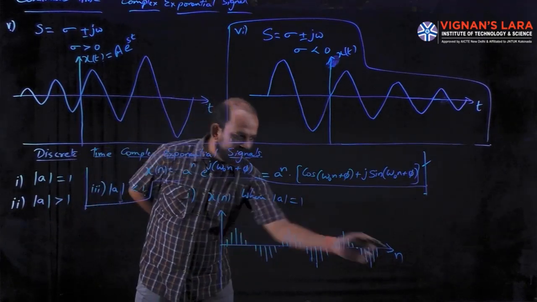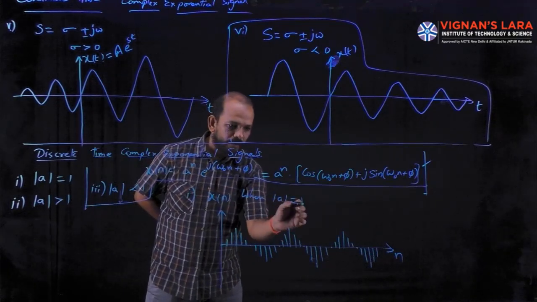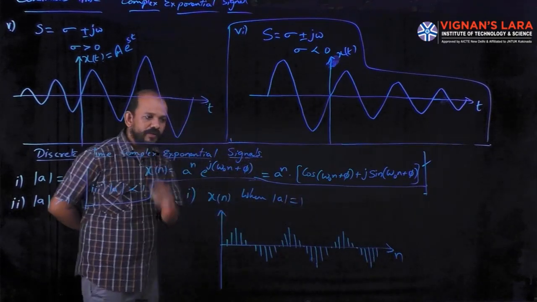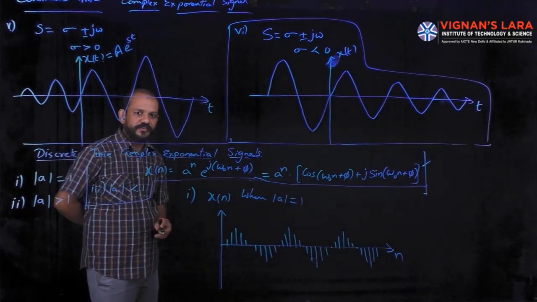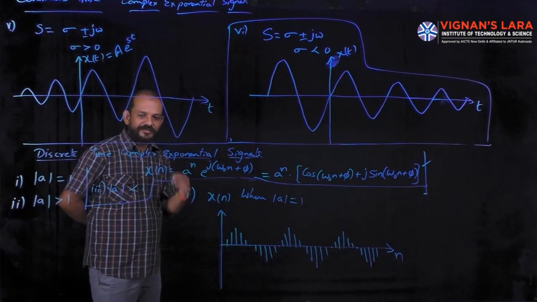So this is n and this is x of n, for mod a equal to 1. This is our first case. So we have to see the next two cases.